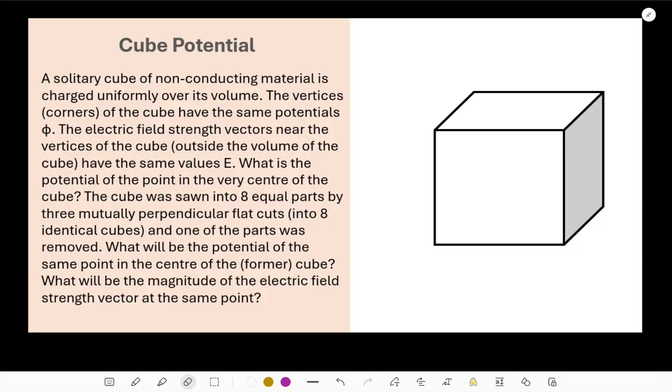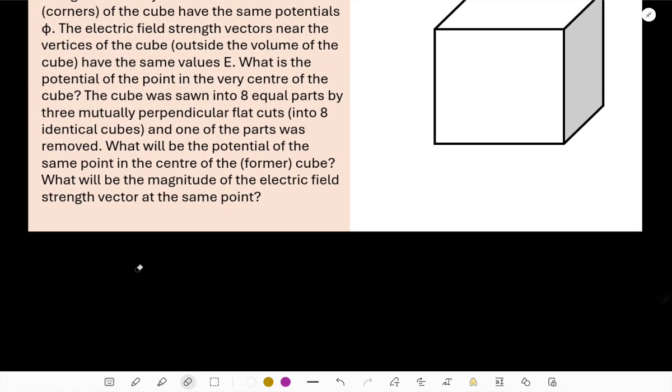And to do so, let us assume that the volume density of electric charges inside the cube is equal to rho, and side length of the cube is equal to r, simply r.